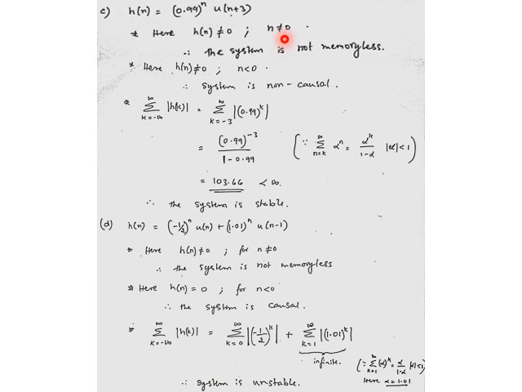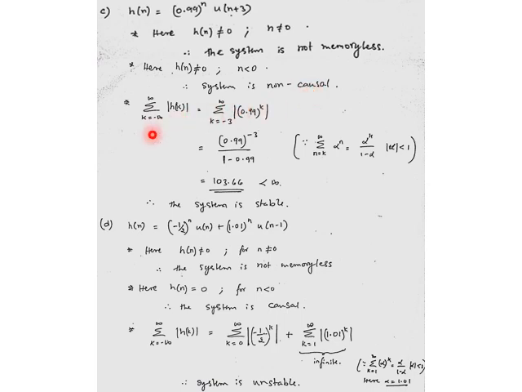So if n is not equal to 0, we will have h of n not equal to 0. By this we can say the system is not memoryless, that is, the system has some memory. If n is less than 0, again h of n is not equal to 0. By this we can say the system is non-causal.